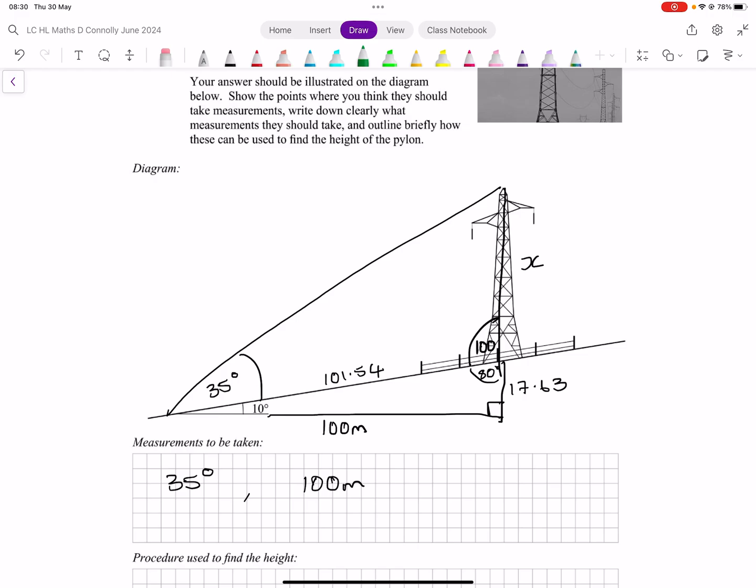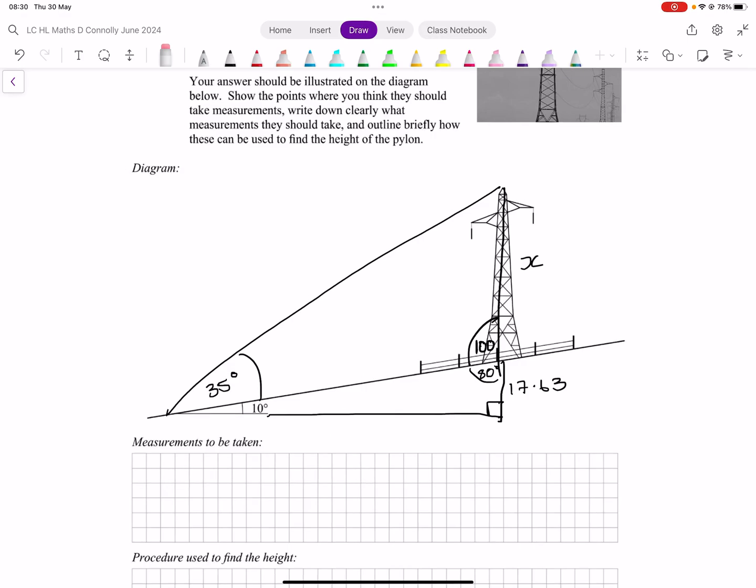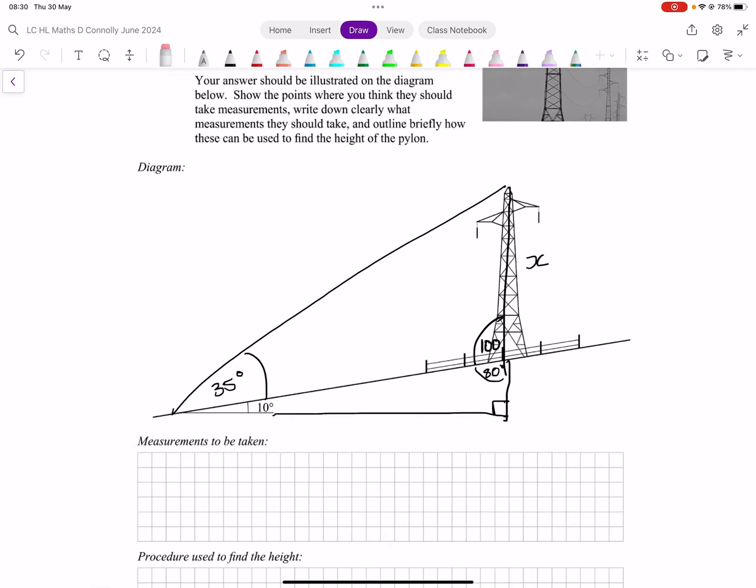So basically, you decide, right? So ignore all of this. Somebody stood down here on flat ground and used a clinometer.